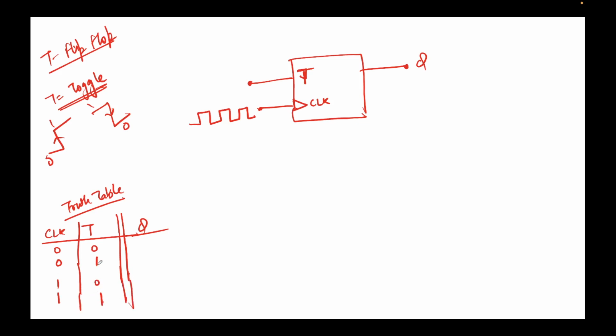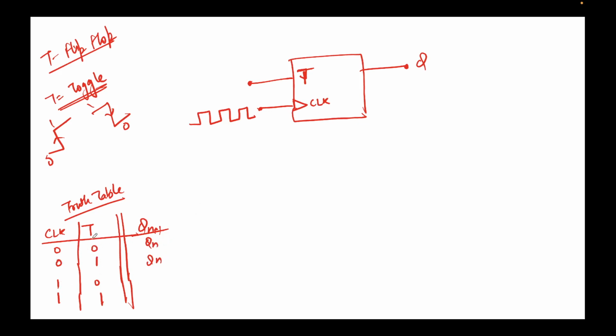When the clock is low, it will retain the output. So no action will happen even though you are trying to tell this flip-flop to change the values. It will not do so because the clock is not there.